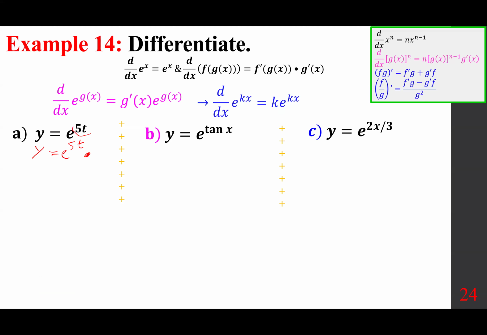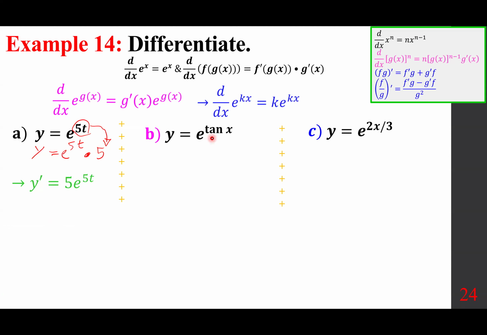If the exponent is a t or x, I'm done. If it's not, by the chain rule, I need its derivative. I put that in front, and I'm done. Part B, I do the same thing.